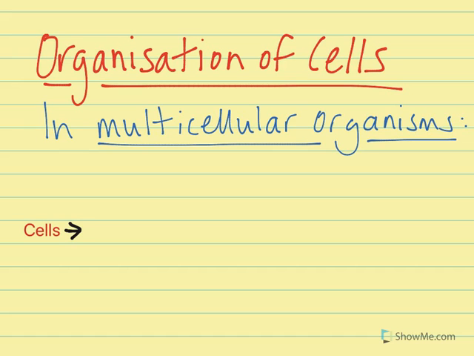Cells of a certain type are organized into tissues, which are made of cells of the same type which carry out a particular job. These are organized into structures called organs, which are made of more than one type of tissue which carry out a particular function.